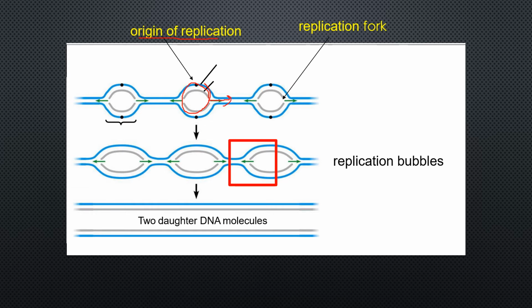So it essentially has two sites of replication forks, as you see here. And then this creates what we call replication bubbles. So the opening of that strand at multiple sites gives us replication bubbles in order for the DNA to be replicated.